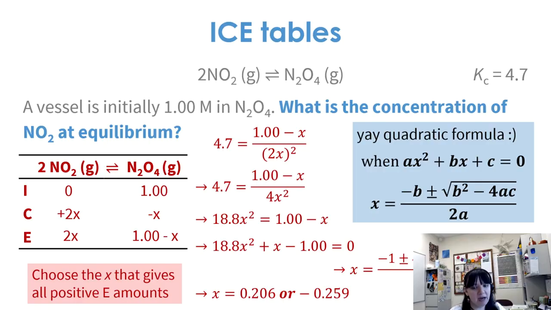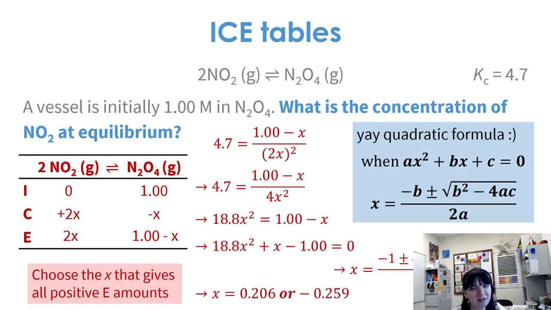If, for example, I said that x was that -0.259, because the concentration of NO2 at equilibrium is 2x, that would be some negative concentration for NO2. We can't have that, right? It doesn't make sense to have a negative concentration or a negative mass or a negative pressure. Those are all things that are always going to be positive.